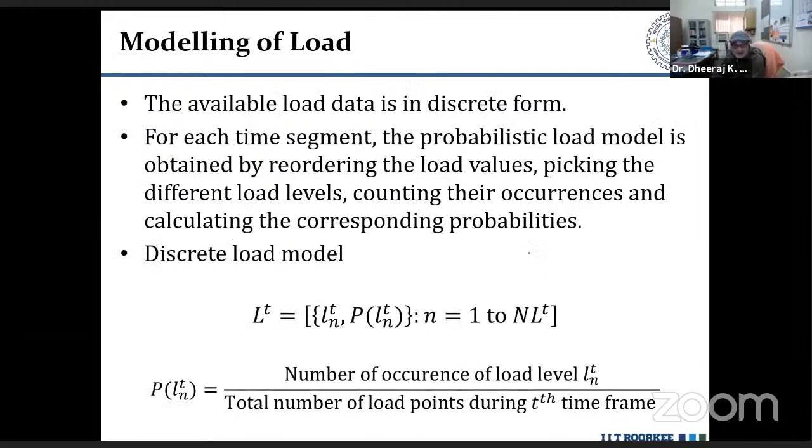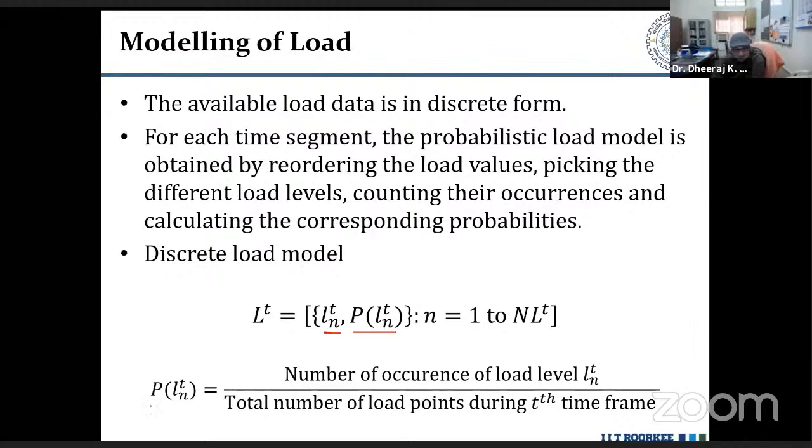Now, how to model the load? Generally load data is already in discrete form. So what we did here, for each time segment we developed a discrete load model with load value, load label, and corresponding probability.